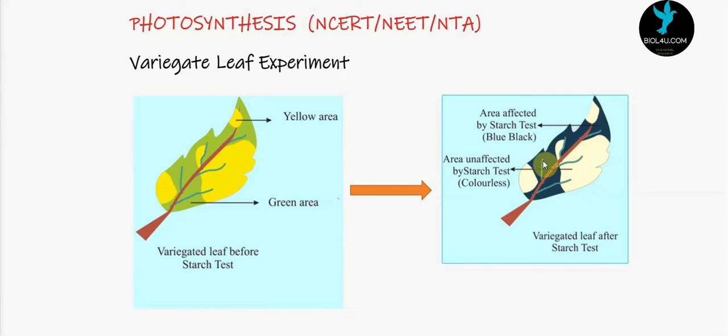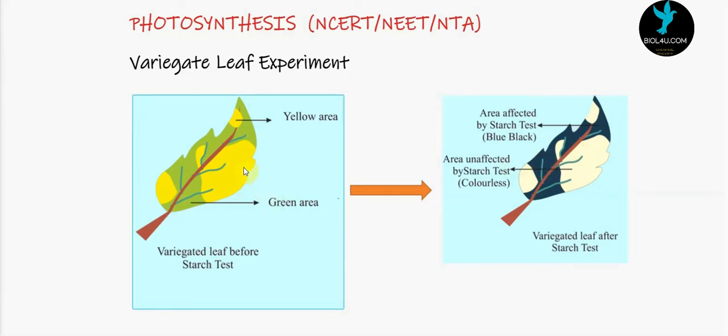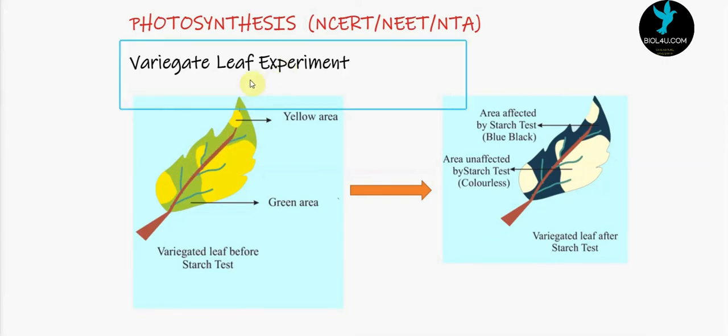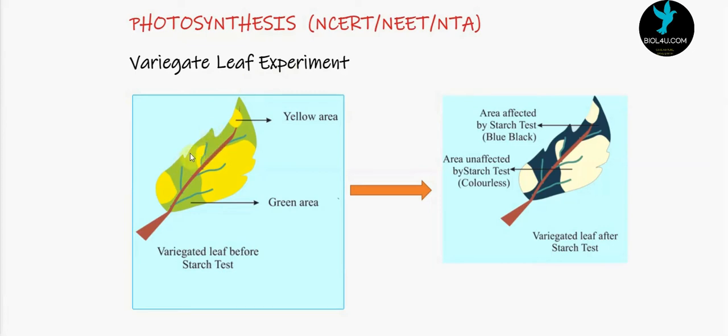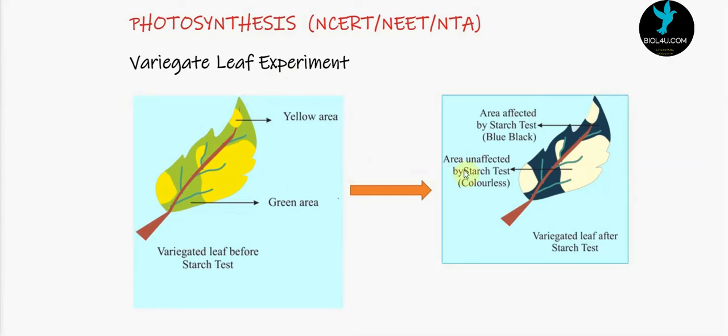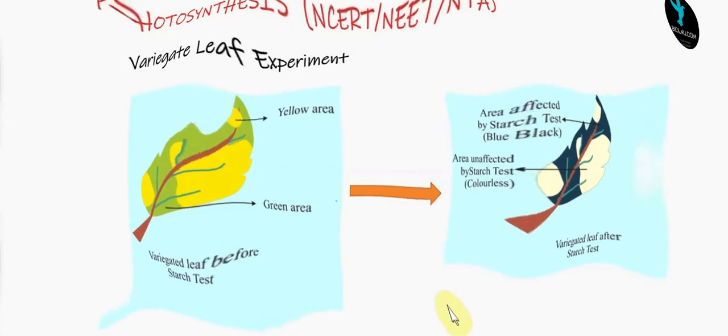It also proves that chlorophyll is essential for photosynthesis, because in the yellow colored region there was no chlorophyll and no photosynthesis, but wherever the green color was present photosynthesis took place, due to the light falling on this leaf. So this experiment proves light is essential for photosynthesis, and at the same time explains that green color, that is chlorophyll, is also essential. That is the variegated leaf experiment.